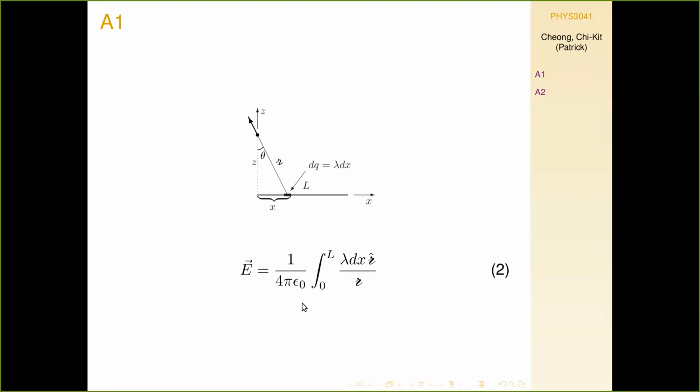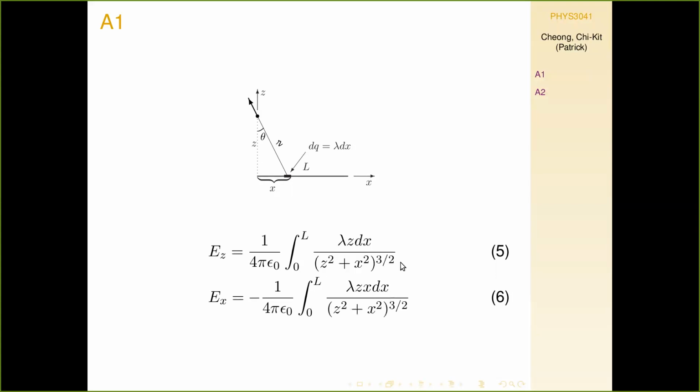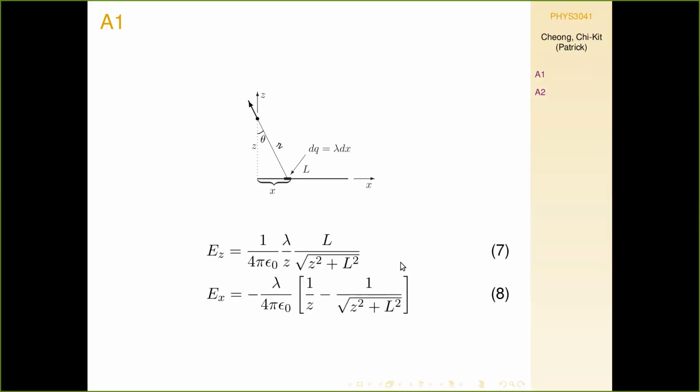And then you can apply this integration to obtain the electric field. And don't forget to decompose it in different directions. Otherwise, the integration could be very complicated. And then just some straightforward calculations, and then you will get this.